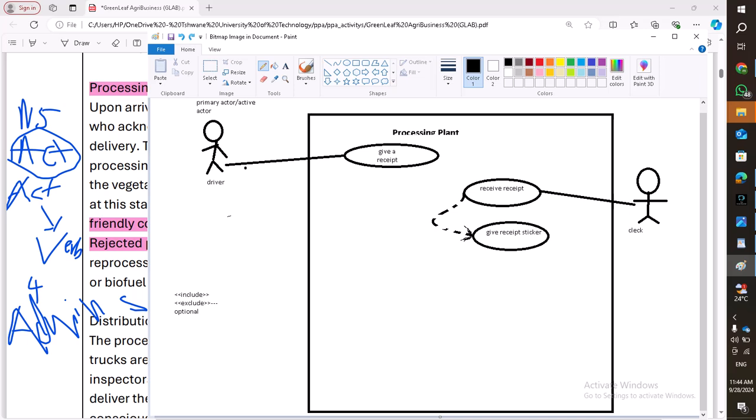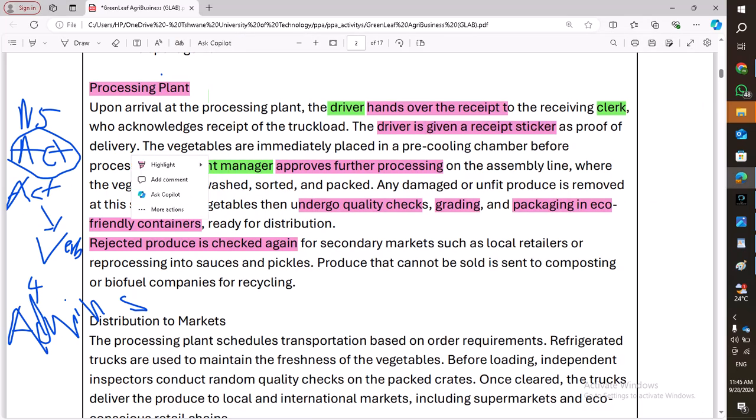All right. The receipt is received, and then automatically the receipt sticker for a delivery is given to the driver, as proof. The vegetable was placed in the chamber before that.